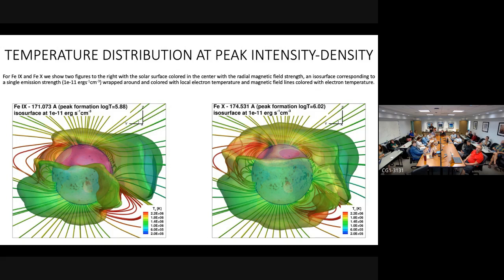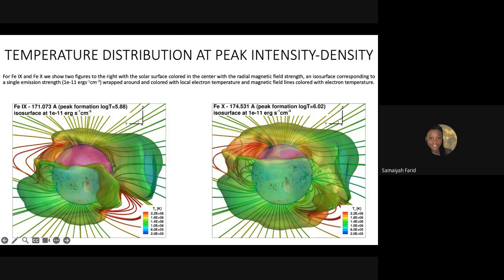So you have a temperature range that you consider when you look at emission. Yes. Yeah, thank you.